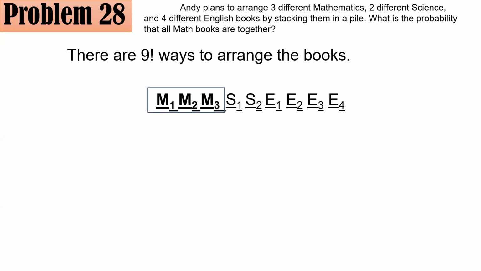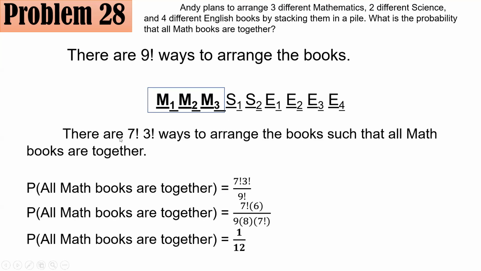And in these 7 slots, you have your 7 factorial ways, but the 3 math books could still rearrange themselves in 3 factorial ways. And since order matters, I multiplied 7 factorial with 3 factorial.